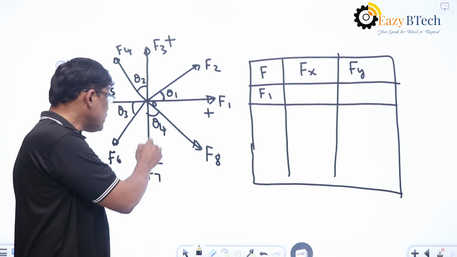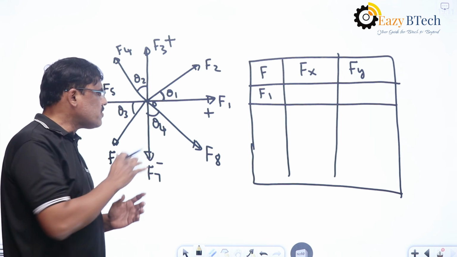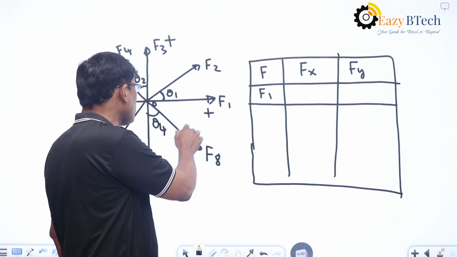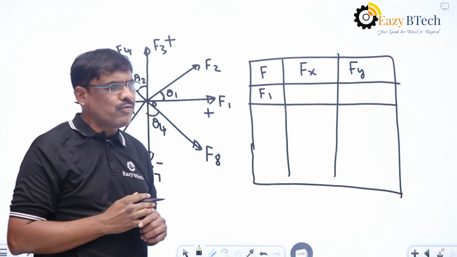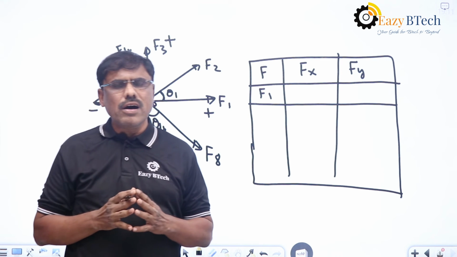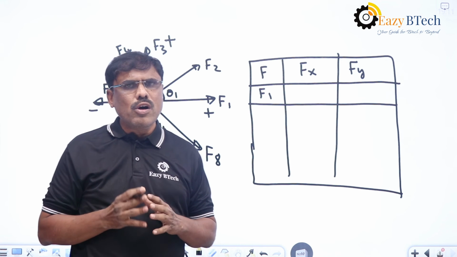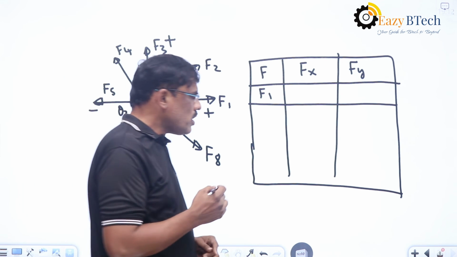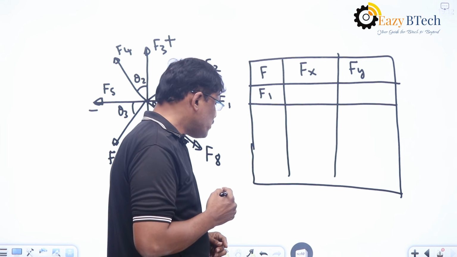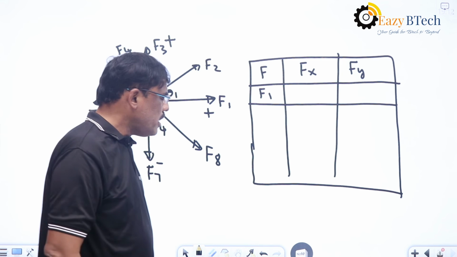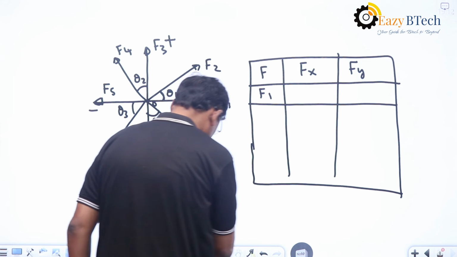But it is acting in the downward direction, so minus F8 cos theta 4. And x component is F8 sin theta 4, but it is positive. So this way we can write the x and y components of a coplanar concurrent force system. So now we write all these forces and its components in a tabular format.